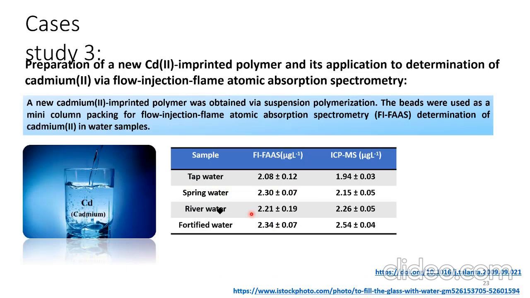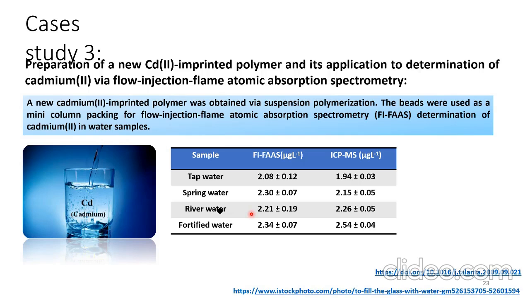Then case study 3 is on a cadmium imprinted polymer and its application to determine cadmium via flow injection flame atomic absorption technique. A new cadmium imprinted polymer was obtained via suspension polymerization. The beads were used as a mini column packing for flow injection flame AAS, which was used to determine cadmium in water samples.